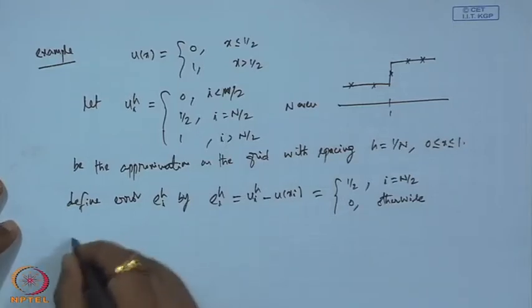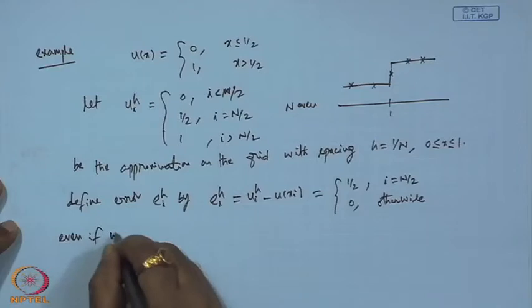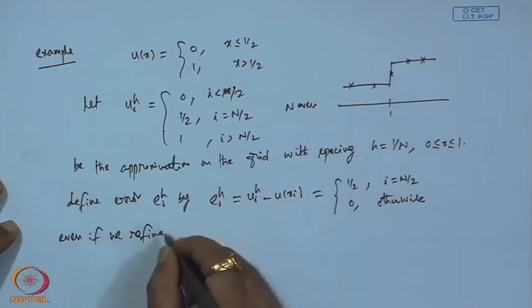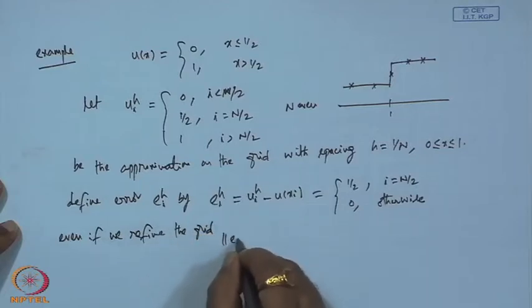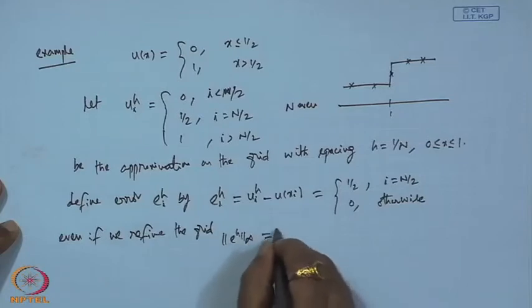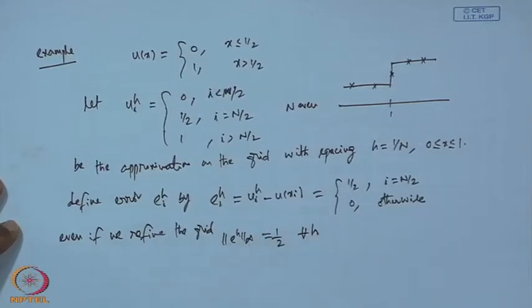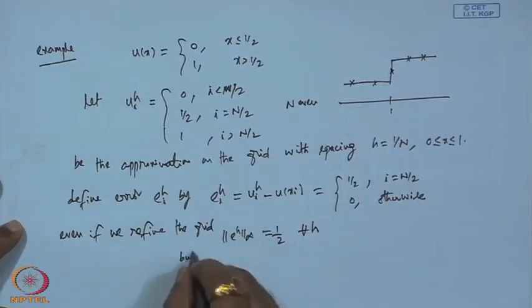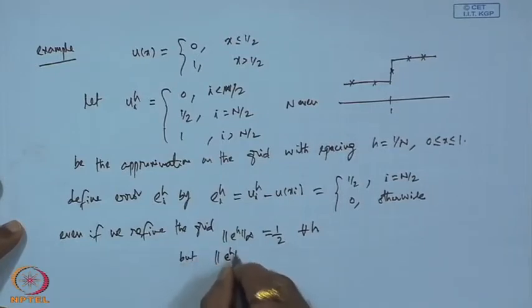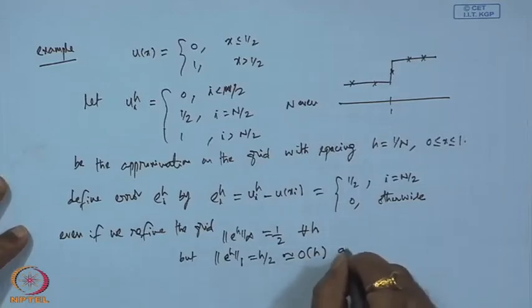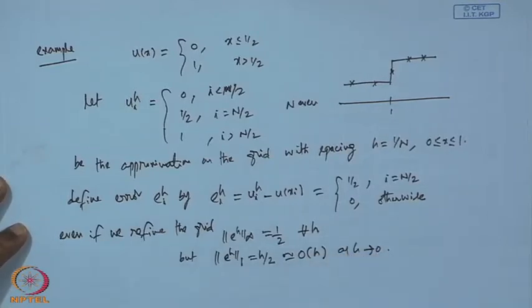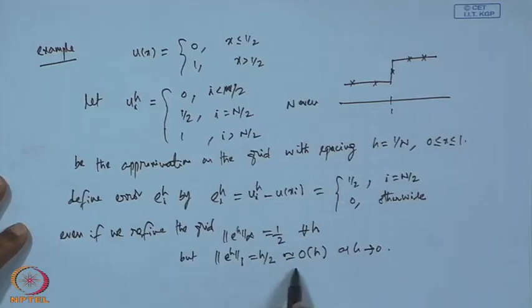But even if we refine the grid, we have norm E infinity is half for every h, but the other one is h by 2, and this is big O of h as h goes to 0. So, this converges to 0, whereas this is not.